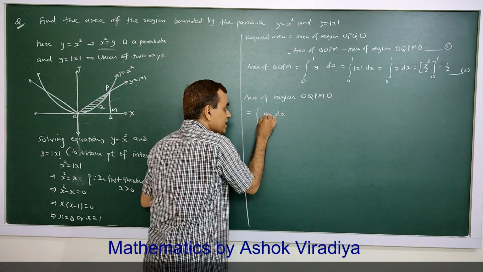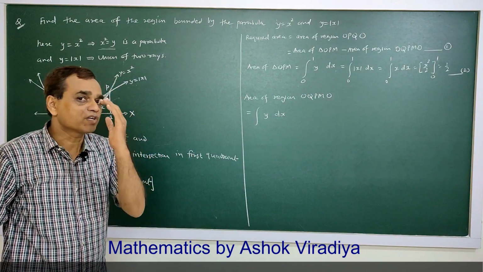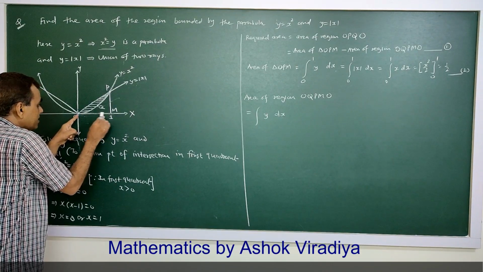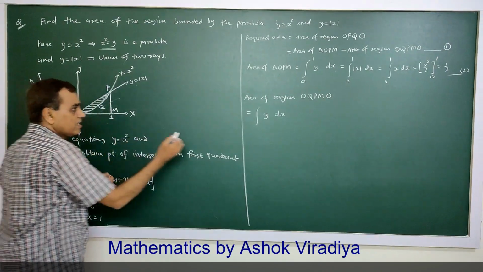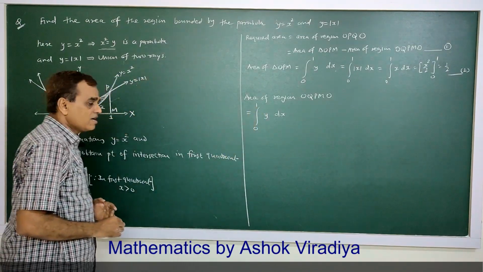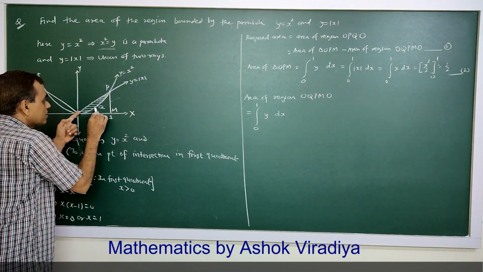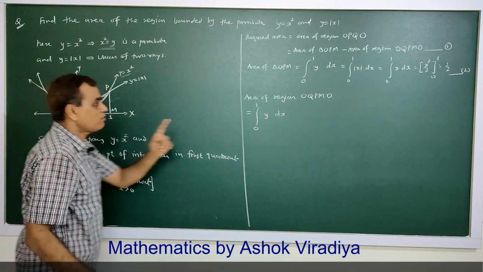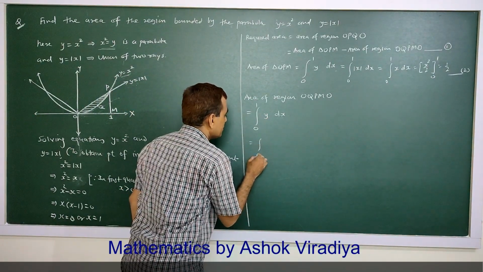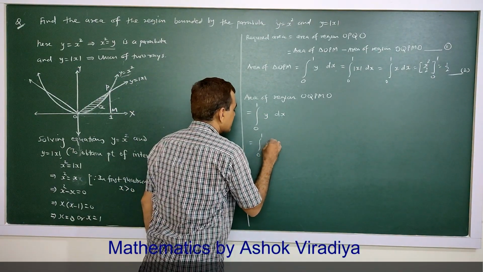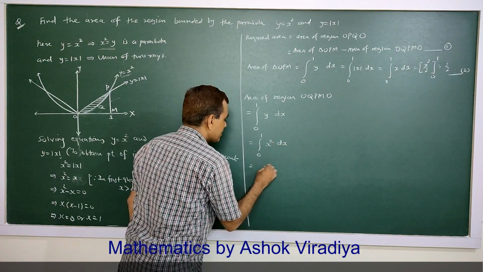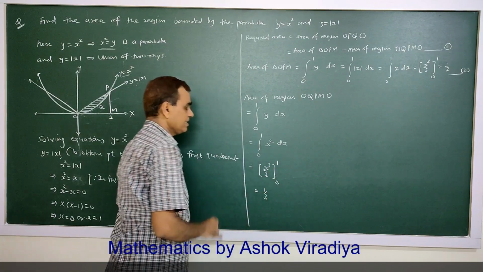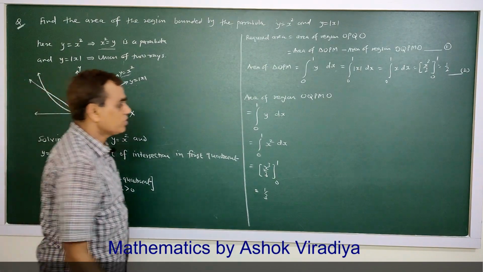When we put dx, here we keep y, the value of y from the curve, and minimum x is 0, maximum x is 1, so put 0 to 1. This curve is y equal to x square, so y is x square. 0 to 1 x square dx is x cube by 3, 0 to 1, so it is 1 by 3. So this is result 3.